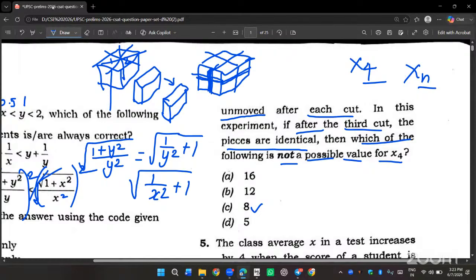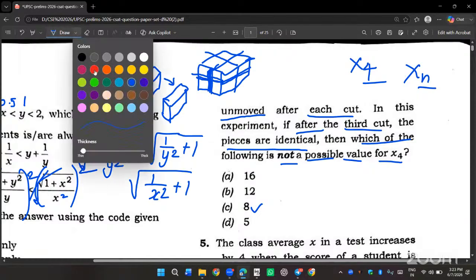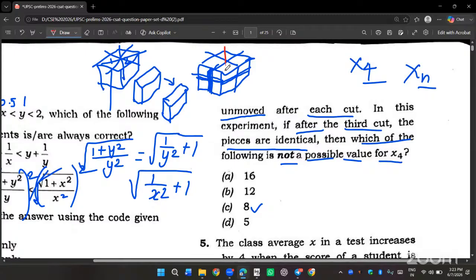I cannot cut in here. I will tell you, I cannot cut here. If I cut, these two pieces are of different shape, not identical. These two will be big. So I cannot cut here. What do I have to do? I have to cut here, the third one, here, the fourth one, to get three layers of 12 pieces.